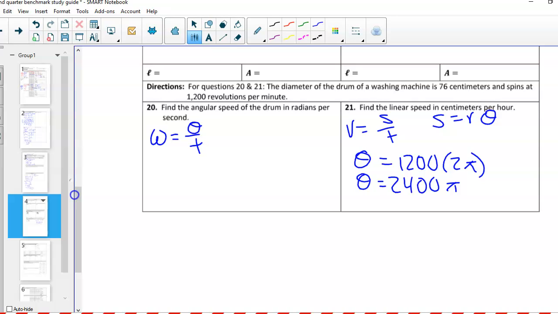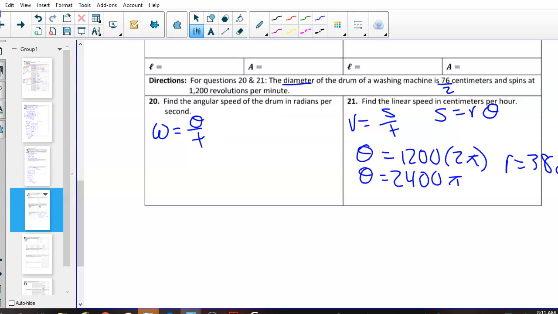Okay. So we have theta. We can now find S. Except we need to know that this says diameter, so this needs to be cut in half. So R equals 38 centimeters.